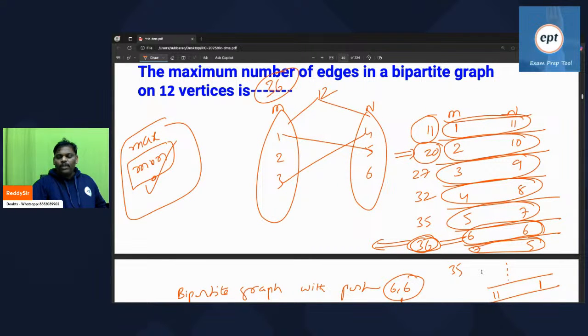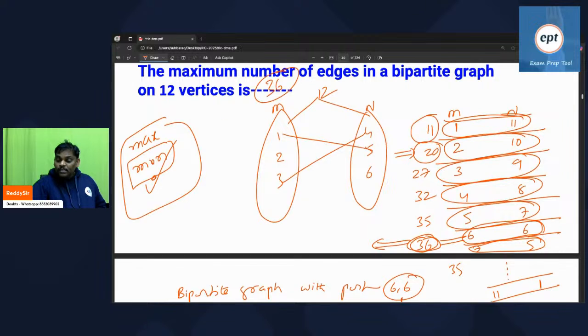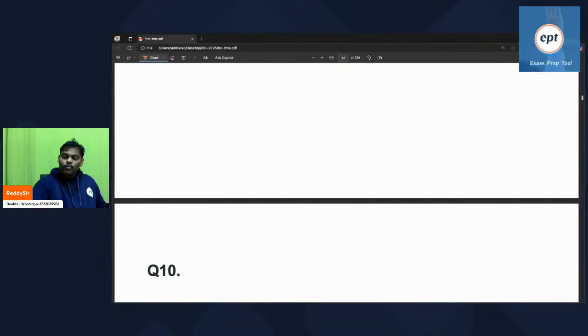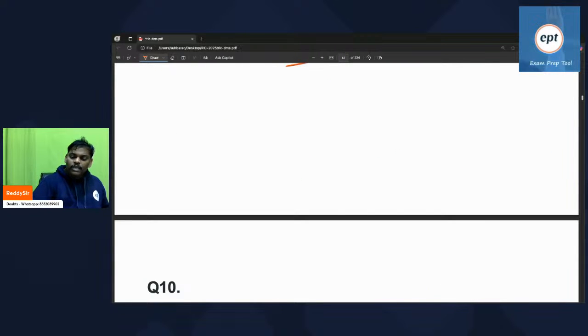Can we move further? Some people are asking, sir, about a similar problem: suppose n vertices are given.